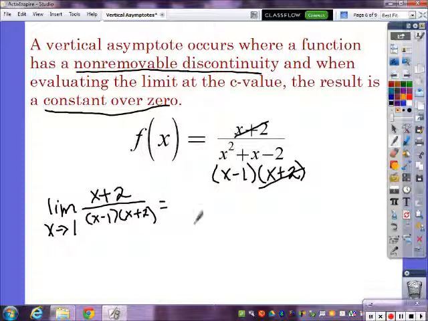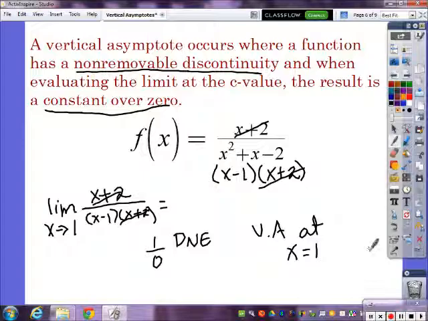And then when I evaluate, these do factor out, so I'm left with 1 over 0, which is that constant over 0. The limit does not exist, but there is a vertical asymptote at x equals 1. So that would be how you would determine vertical asymptotes using limits.